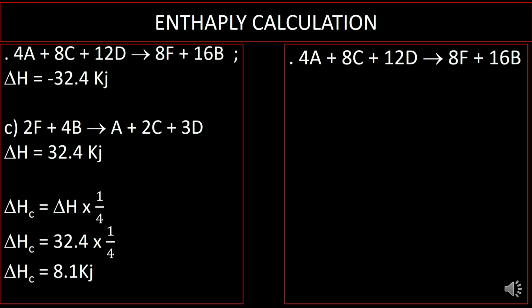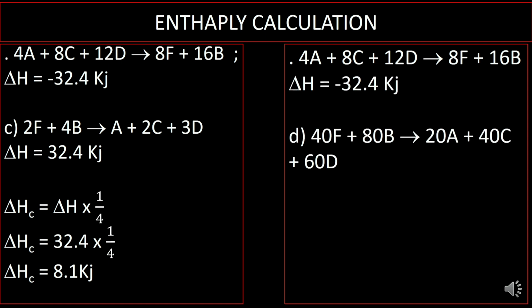Let's look at question D. Question D is 40F plus 80B, then 20A plus 40C plus 60D. This is also the reverse of the general expression, but not exactly the reverse: the product of the general expression is the reactant, and the reactant of the general expression is the product, times something.